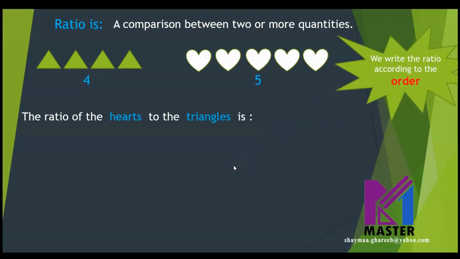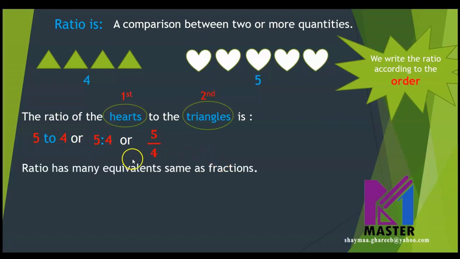And we said before the ratio of hearts to triangles is 5 to 4, or I can write it as 5 colon 4 or as a fraction 5 over 4. So these 3 forms are the forms of writing ratios.